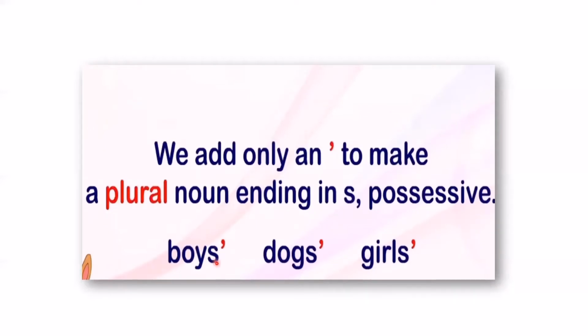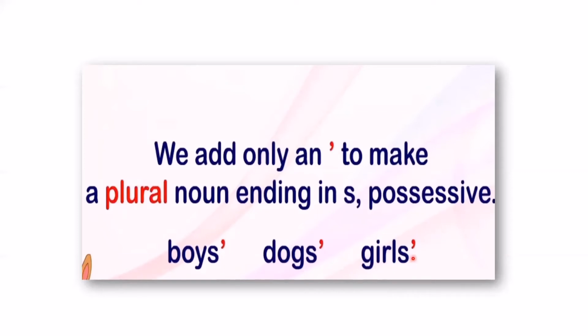Alphabet s से. In that case, what we will do? We will put an apostrophe after s. So in this example also, boys, it means more than one. So I have put an apostrophe after s. Dogs, this example is also referring to more than one, and this particular word is ending with s, and it is a noun also. So I have put an apostrophe after s, and here same with the girls.